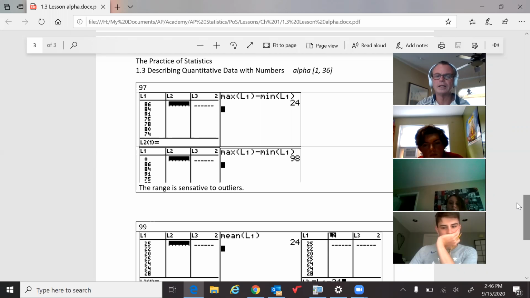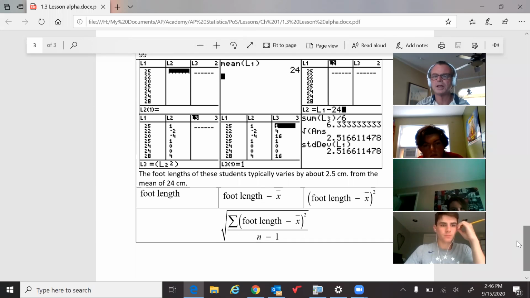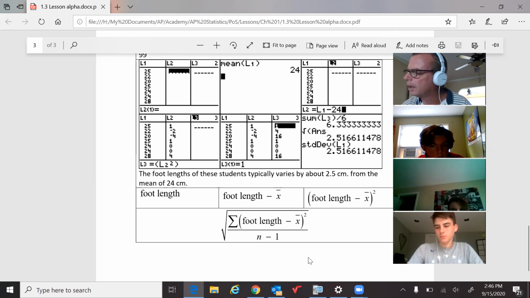So 99 is a different data set, but you have these screens here so you can follow what we did with the friends. The question for 99 is, here are foot lengths in centimeters for a random sample of 7 14-year-olds.